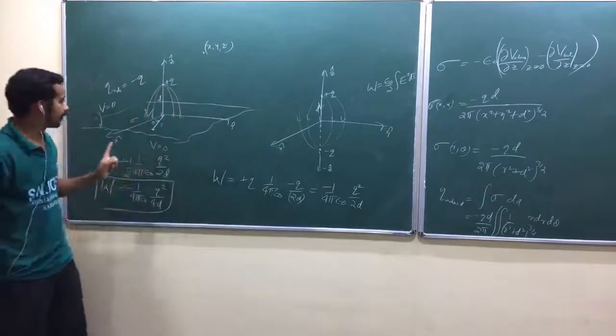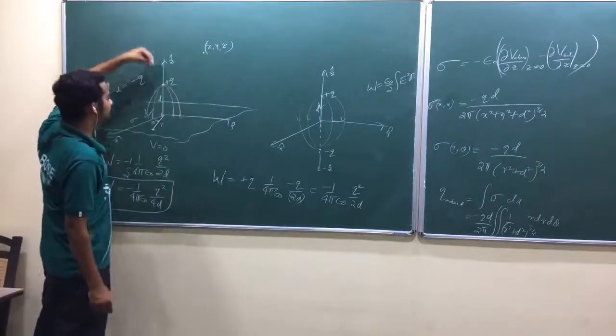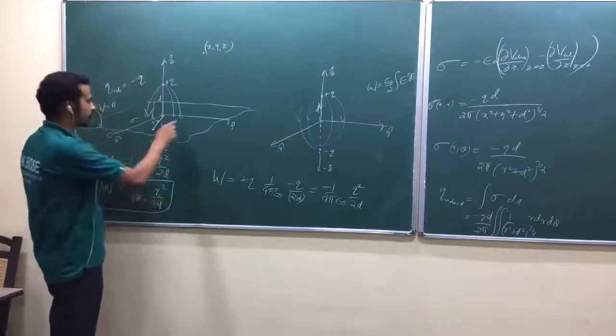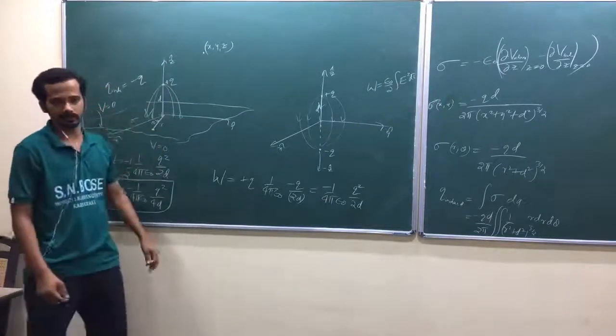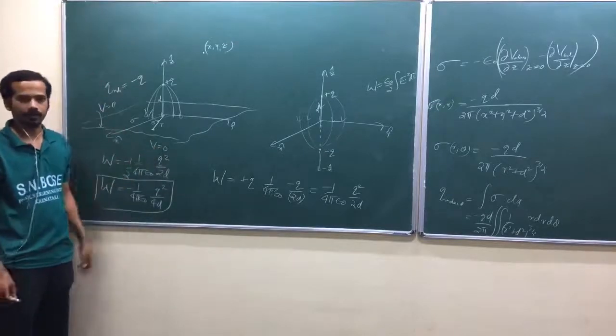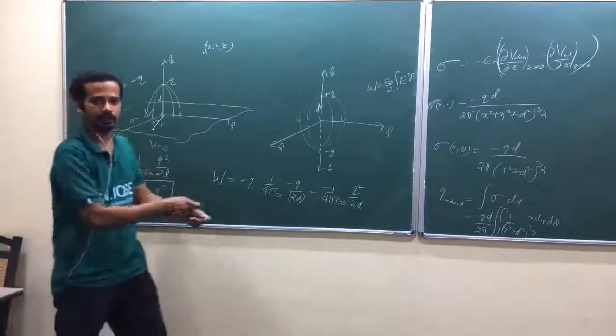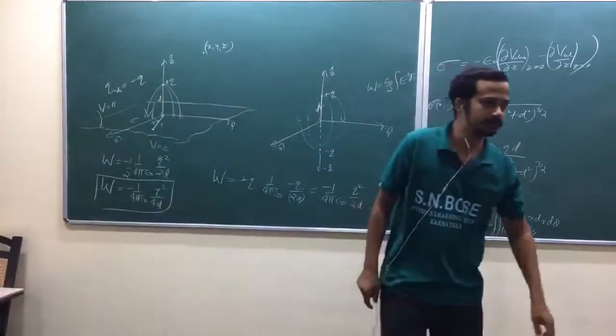But here you are counting work done only in bringing this plus q charge from infinity to this one. These charges are free to move on the surface of the conductor, and that is zero potential. Zero potential means no potential difference, so your line integral from one point to another is zero.